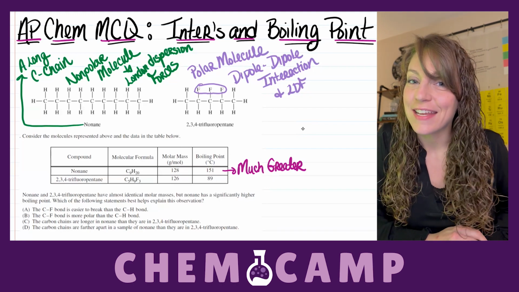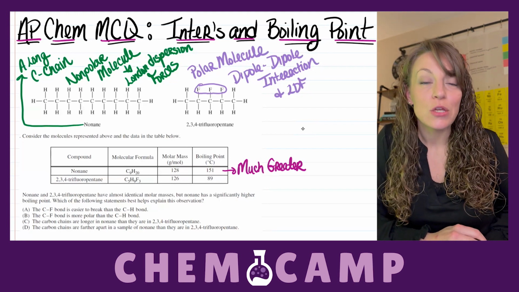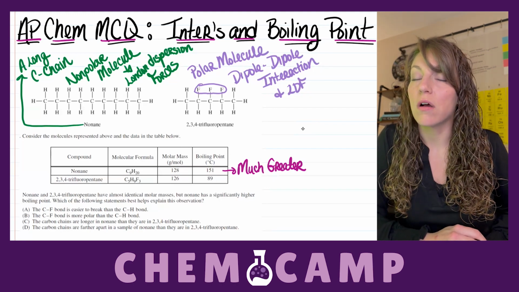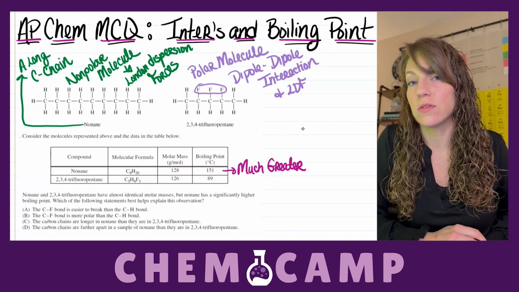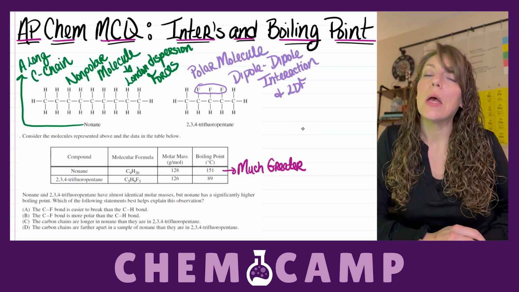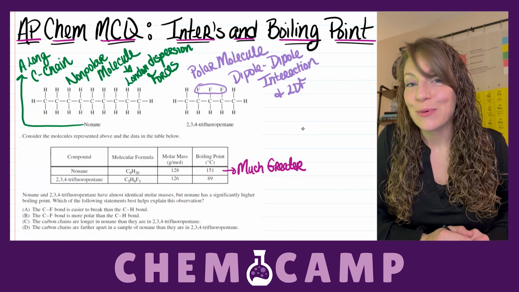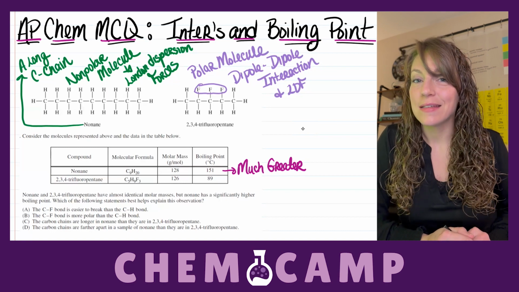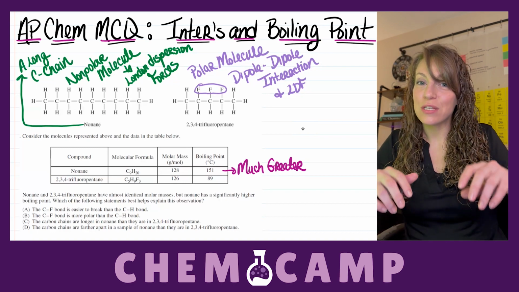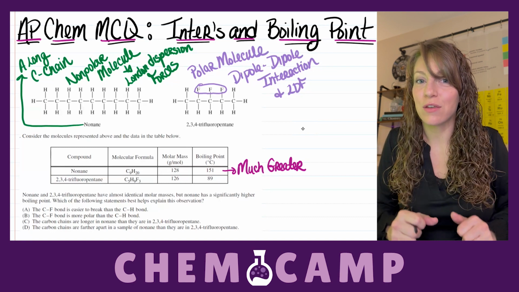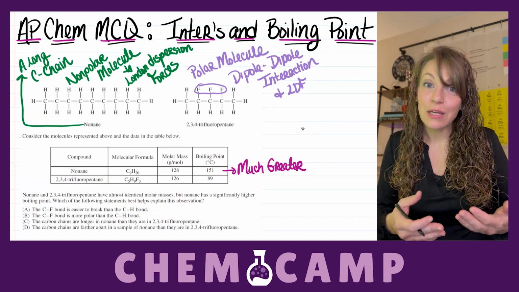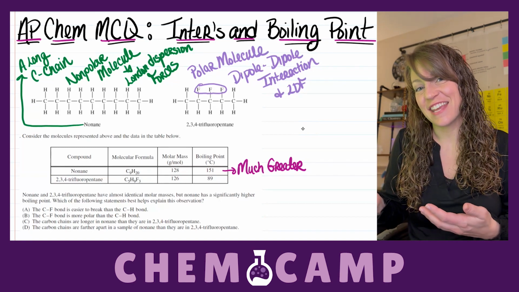Which is interesting because usually your London dispersion forces are the weakest type of intermolecular forces. But at your boiling point, what you need to keep in mind is that all of the energy goes into breaking the intermolecular forces so the liquid can enter into the gaseous state.